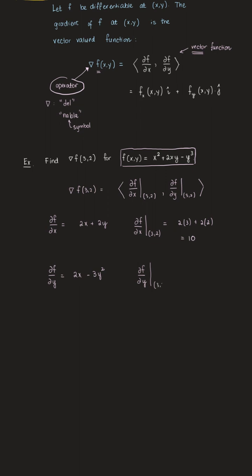We get 2 times 3 minus 3 times 2 squared, which is 4. So this is 6 minus 12, or negative 6. So our gradient vector at (3, 2) is the vector whose components are 10, negative 6. And we will try to understand what the gradient tells us in the following video.